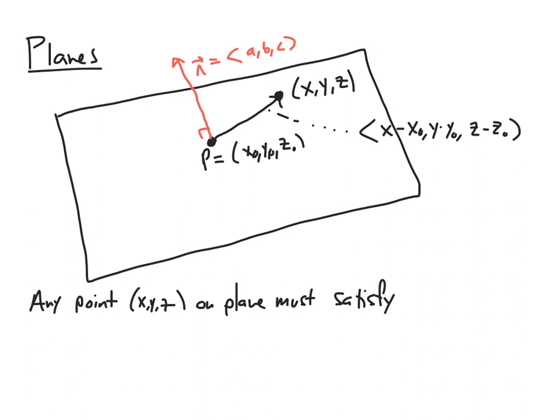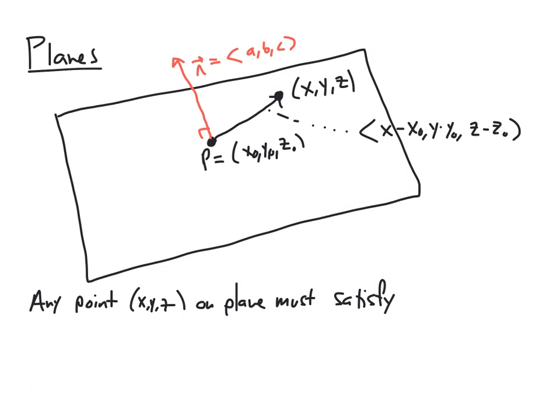Well, that vector lies entirely in the plane, and so I have this normal vector n that's orthogonal to the plane, normal to the plane, and so it needs to be orthogonal to this vector. And so I have these two vectors which are orthogonal. And if I have two vectors which are orthogonal, I know that their dot product is equal to 0.